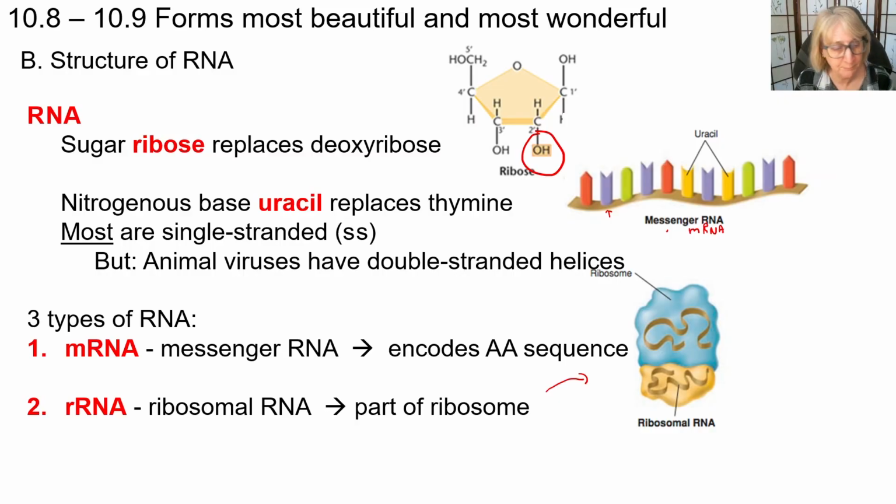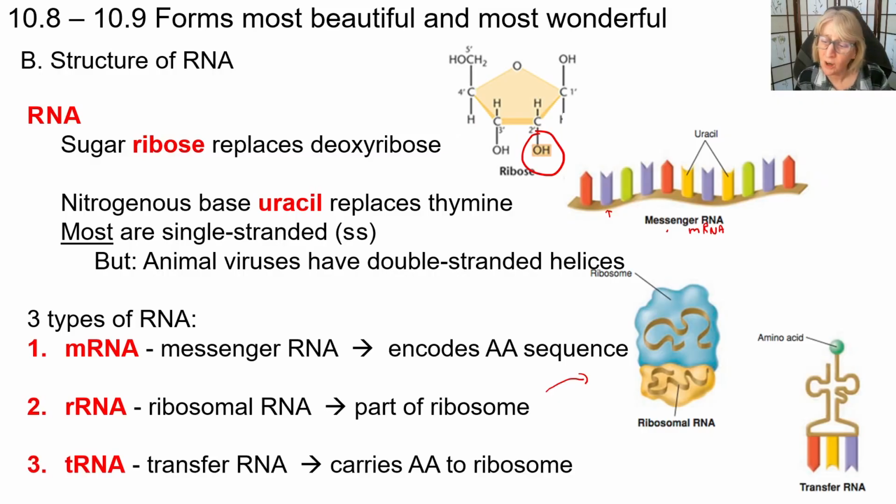It's a ribozyme. And tRNA, the most forgotten of all of the RNAs in Bio 1 students, tRNA transfers the amino acid by reading the message in the messenger RNA and by being catalyzed by the rRNA to build a polypeptide under the DNA's instructions.